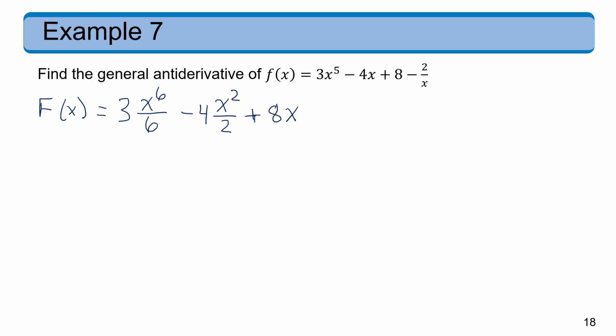Now the next one, you can carry along the constant, the minus 2, and then we need the antiderivative of 1 over x. So this is one you just need to know, or you can put it on your formula sheet if you're not sure you'll remember it. It's natural log absolute value of x. Okay, so we have here just multiply the constant minus 2 by natural log absolute value of x.